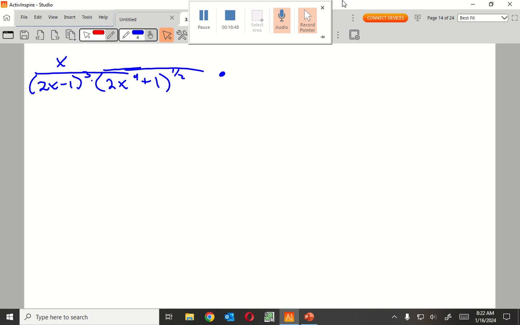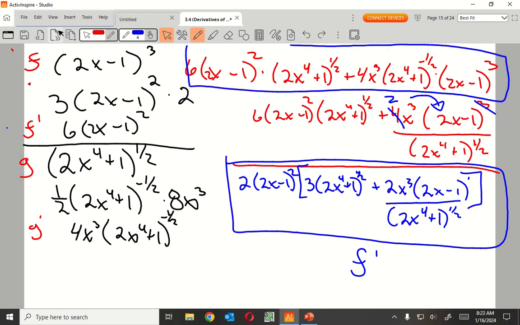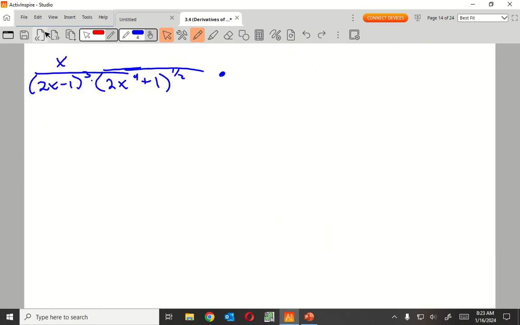Let's go back and find that derivative. All this. And let's just go ahead and use this one up here, because I think that's where a lot of this stuff is going to cancel. Yeah, this is the quotient rule part. All right.